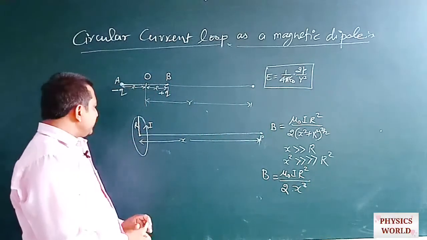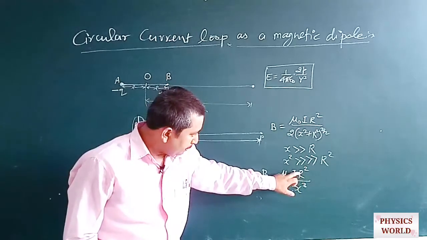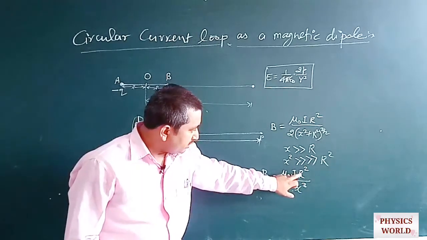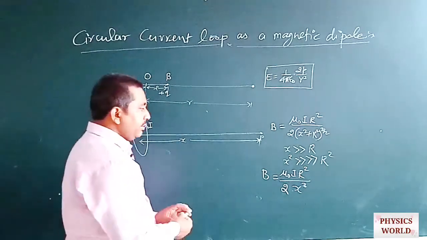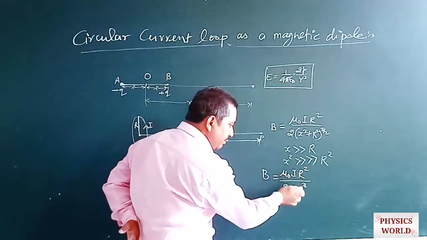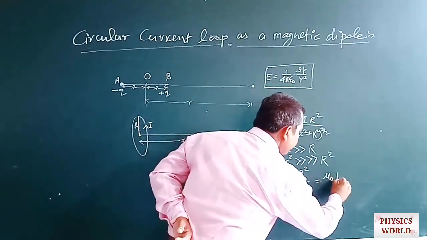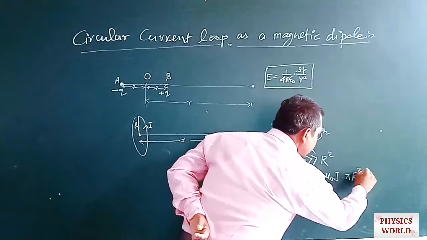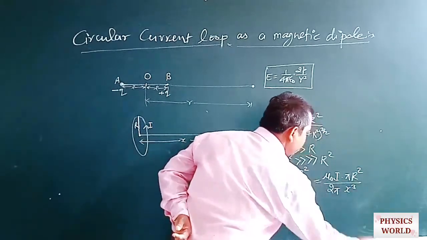Now we are seeing that there is a term of r square. So if we multiply by pi in this, then we get pi r square, that is the area of the loop. So if we multiply and divide by pi in numerator and denominator, then we get mu 0 I pi r square divided by twice of pi x cube.